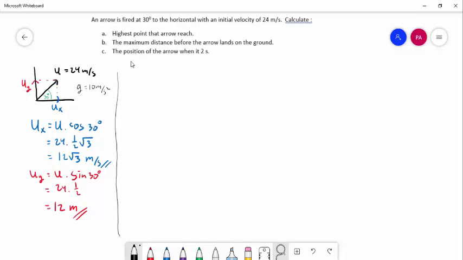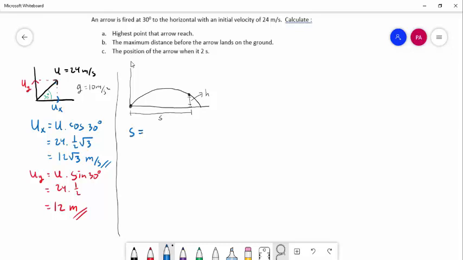If this is the starting point and the projectile moves like this, then at 2 seconds, what about the height and what about the distance? First, we calculate the distance.